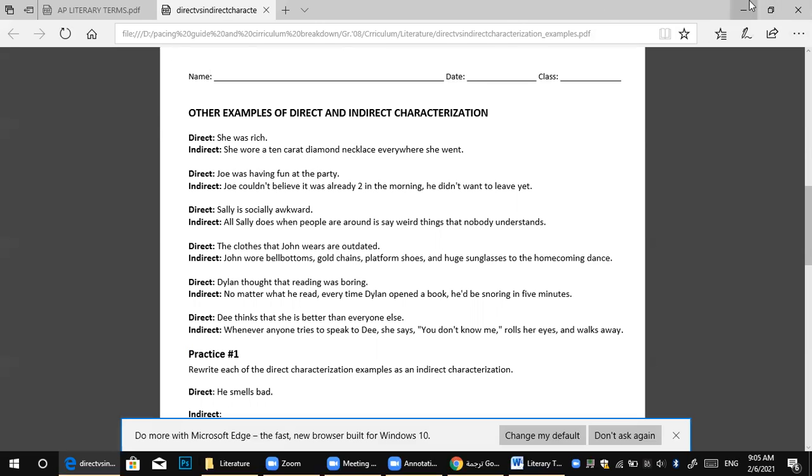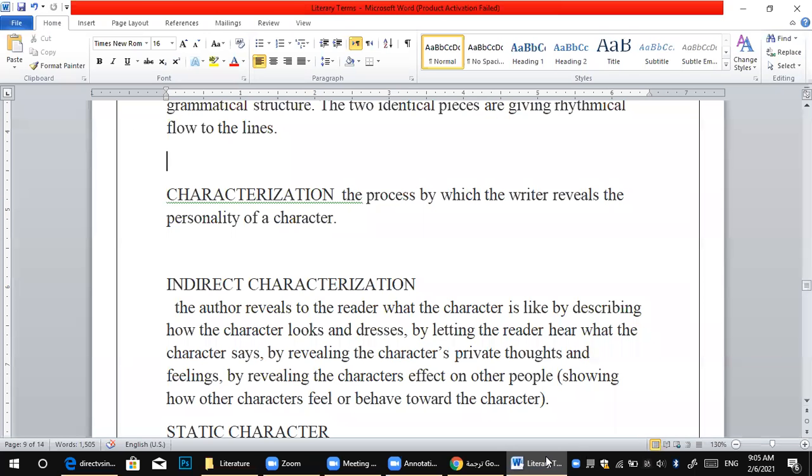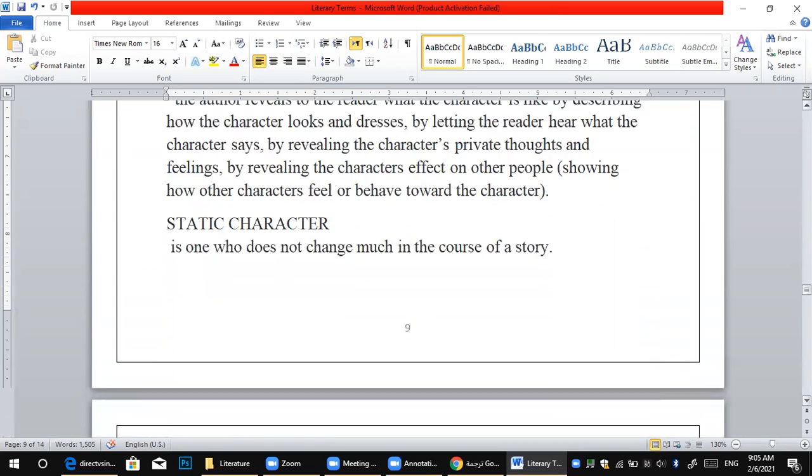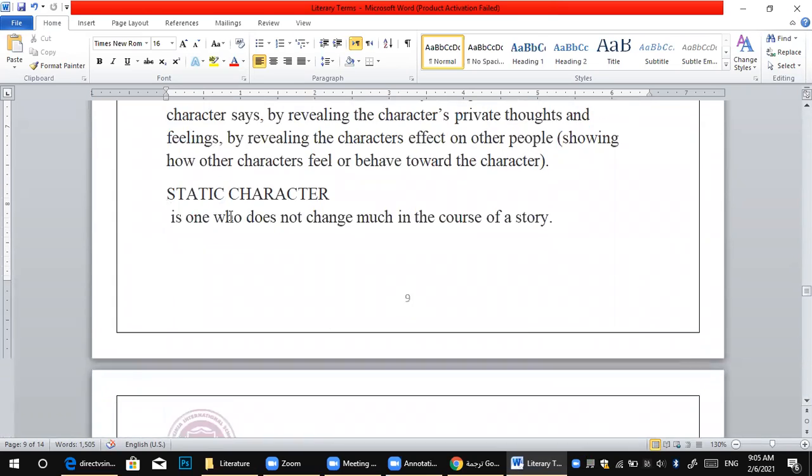After direct and indirect characterization, we have to complete the rest of the kinds of characterization. Next, we have static characters. What does static character mean? A static character is one who doesn't change much in the course of a story. Do you know the character of Banquo? Banquo is the friend of Macbeth.